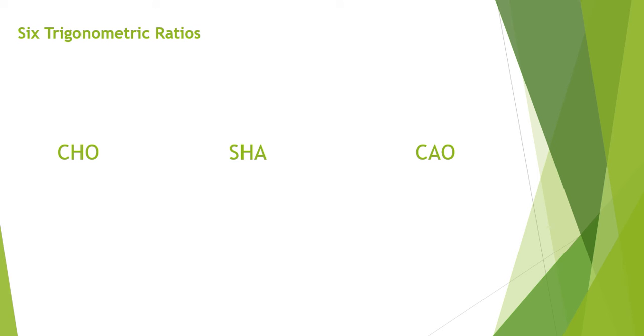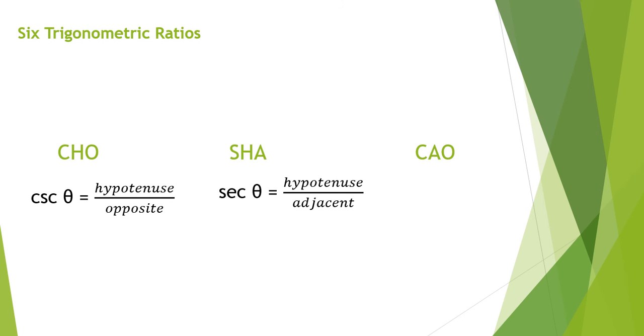CHO stands for cosecant theta equals hypotenuse all over opposite, where C stands for cosecant theta, H stands for the hypotenuse, and O is opposite. SHA means secant theta equals hypotenuse all over adjacent. So it's easier for us to remember.